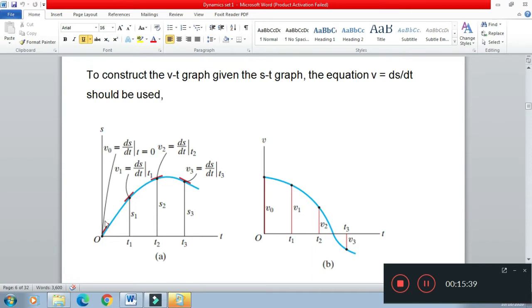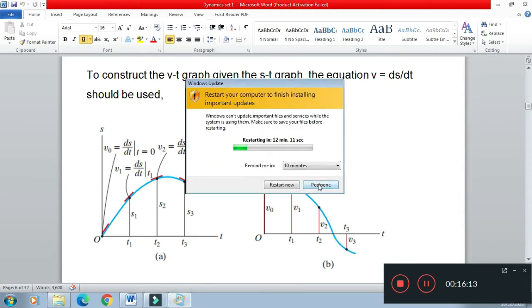The position is increasing, that is the particle is moving away from the origin, and then position value is decreasing, or the distance from the origin is decreasing. So this is the curve which is given. From the slope of the curve we can determine the velocity and time curve. So here we see that the slope is positive for the curve between S and T.